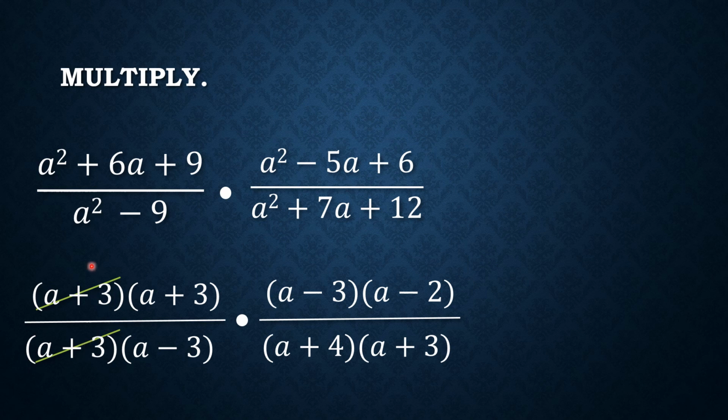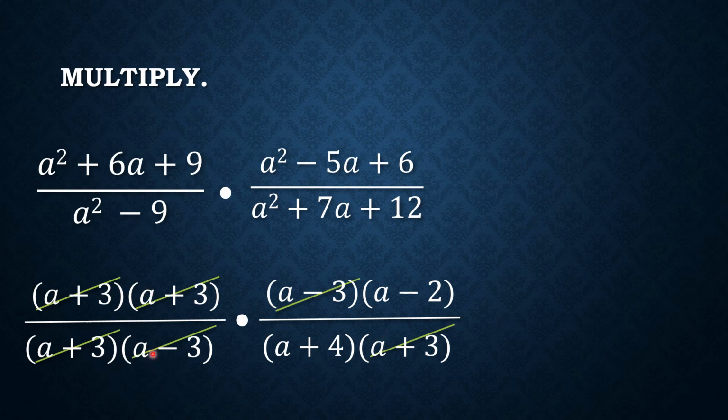Okay, so hindi na natin usually sinusulat yan. Pero dapat, nasa idea mo yan na matatandaan mo that when you divide two expressions, okay, the same expressions, the result is always 1. Next, a plus 3, meron pa ulit, and then meron pa tayo a plus 3 sa baba, a minus 3, a minus 3, and then wala na.